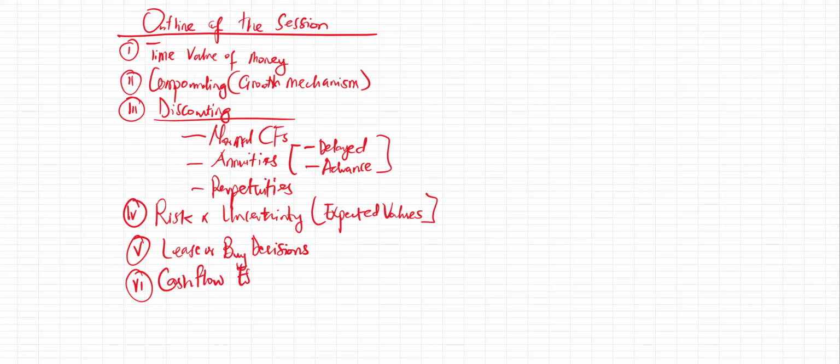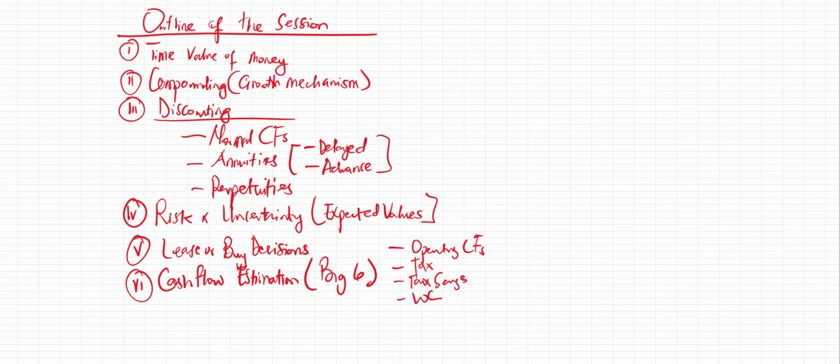So estimating cash flows, we have to look at the big six: operating cash flows, how do we get them in a cash flow computation, tax payable, tax saving on capital allowance, working capital cash flow, initial investment, and scrap or trading value. These are the 6 cash flows, and we have to know how to deal with all of them.